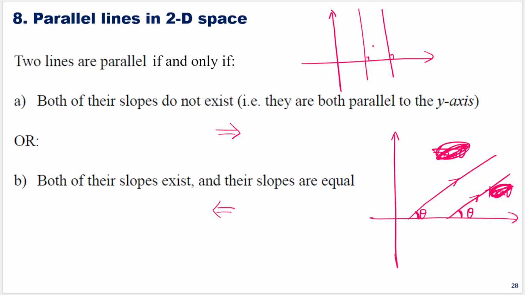Again, this is just an intuitive explanation, and you need to prove this rigorously in mathematical reasoning. So try to do this after this class, alright? So this is how we can determine if two lines are parallel or not. Just check if their slopes are equal or not, if the slopes exist. Otherwise, if their slopes do not exist, they must be parallel, right? Did you get it?